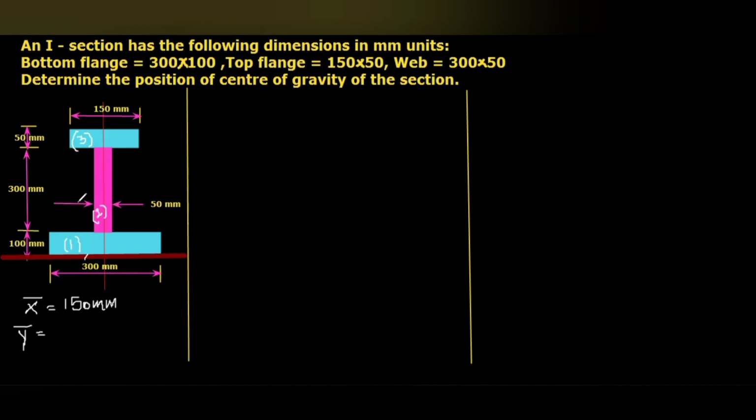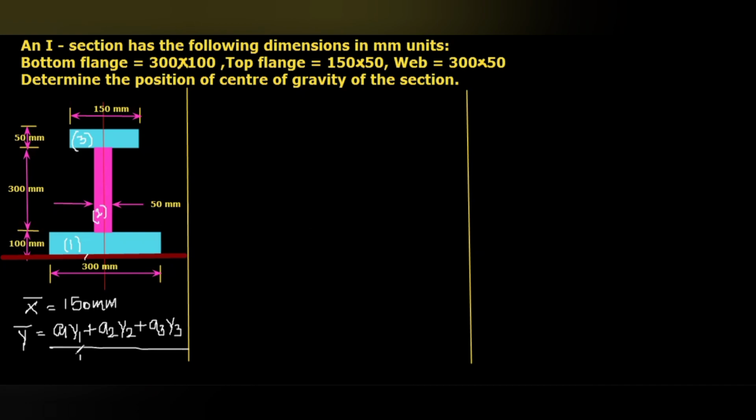Everything is given in terms of rectangles, that means plane figures, so we will consider the areas of the segments. So y bar equals A1 Y1 plus A2 Y2 plus A3 Y3 divided by A1 plus A2 plus A3.